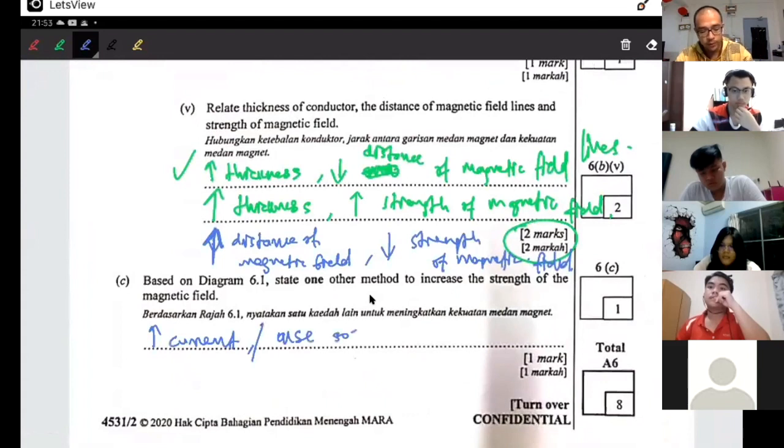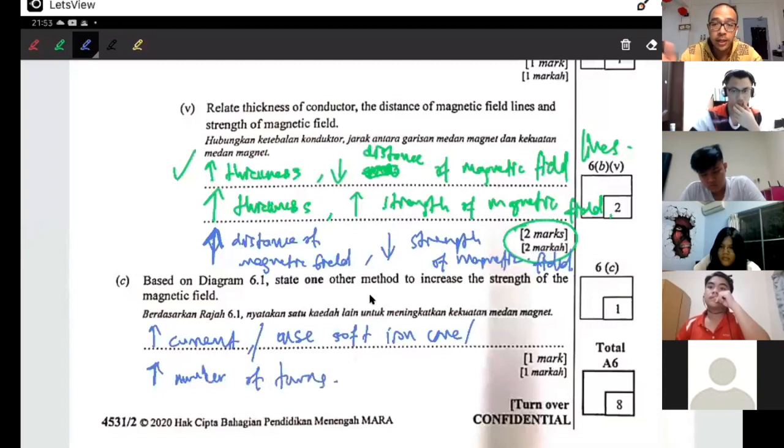Or another one is to increase the number of turns. This is also possible. So many answers, either one is fine, but the most logical is to increase the current, and the magnetic field will become stronger.